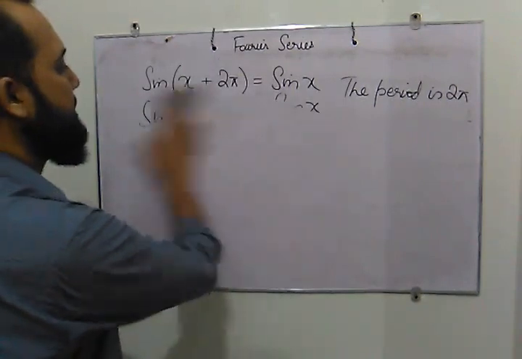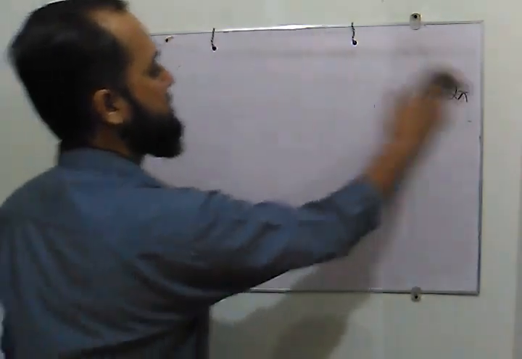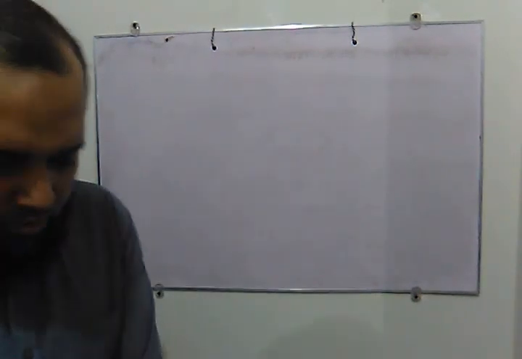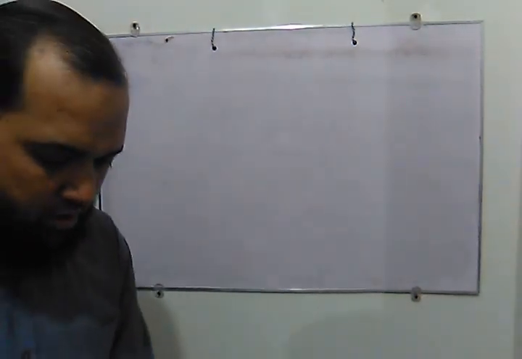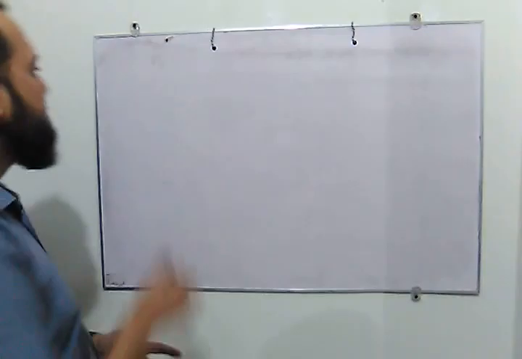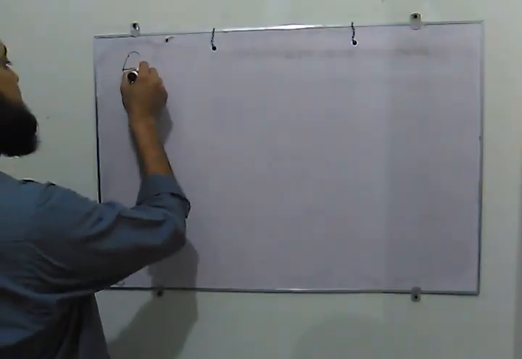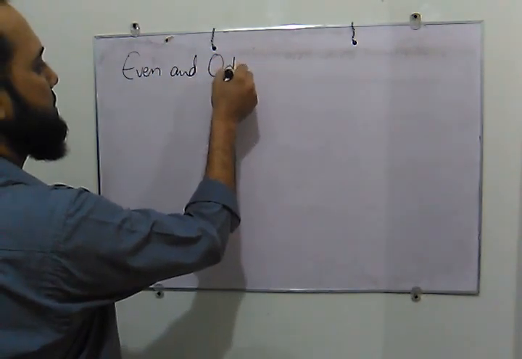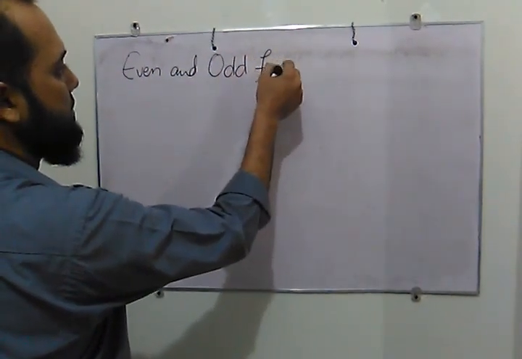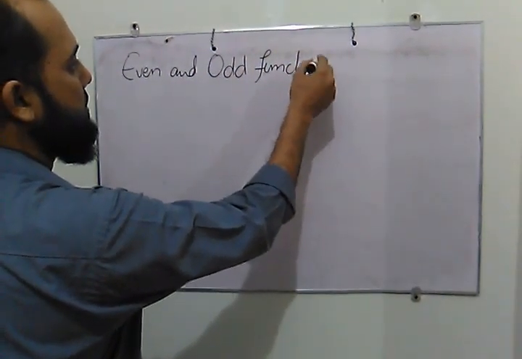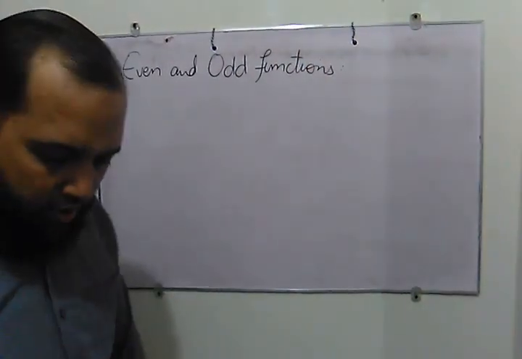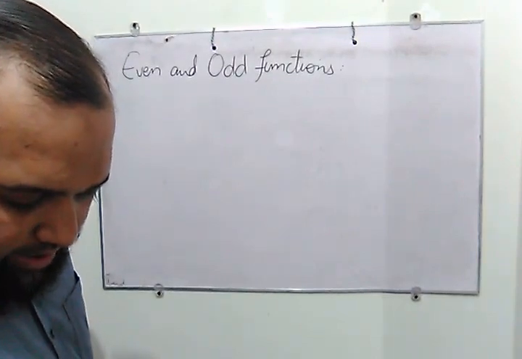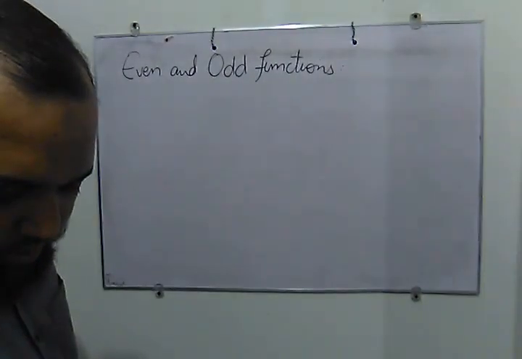Now we see what are the even and the odd functions. Let's see the properties of even and odd functions. What functions are called even and what are odd? So even functions are those functions which, supplied with a negative value, give the positive value in result.